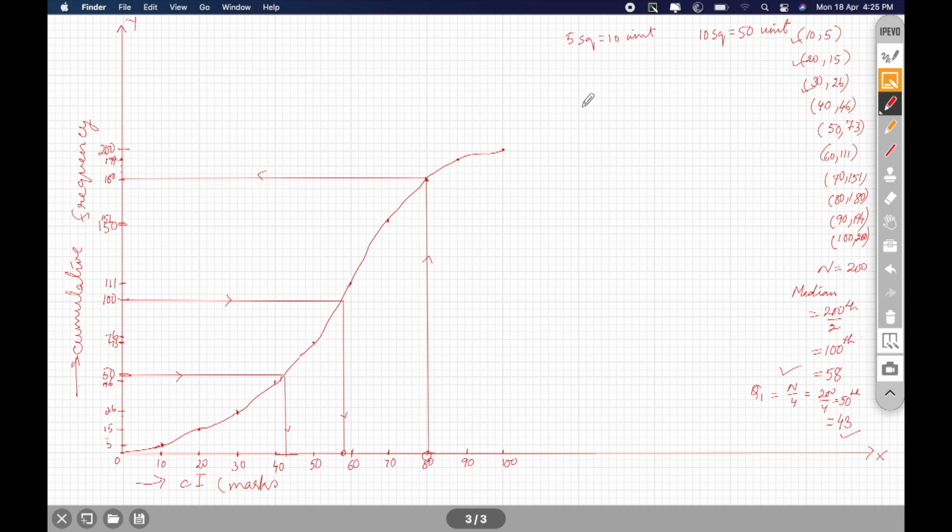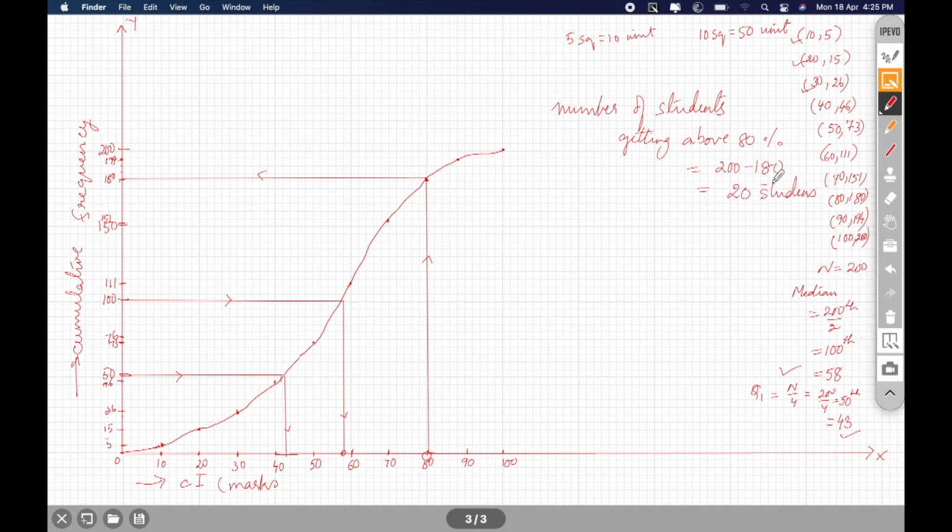So number of students getting above 80% will be 200 minus 180. So we have a total of 200 students, out of which 180 students get below 80%, right? So 80% and above will be 20 students.